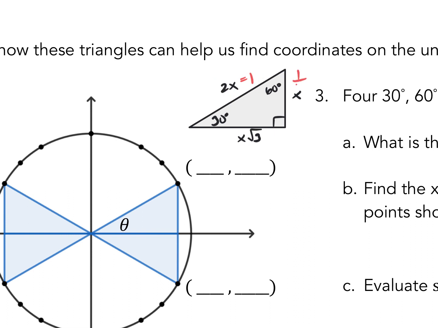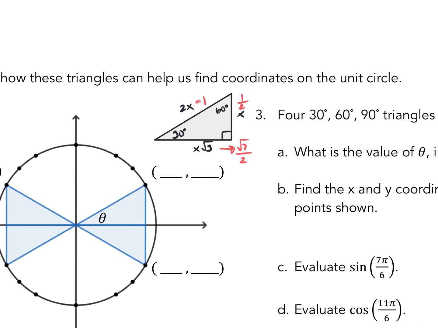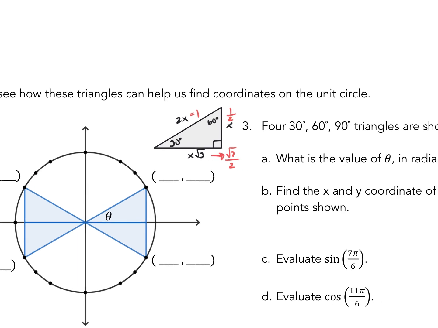So this would be 1/2. And then this long side would technically be 1/2 times the square root of 3, or the square root of 3 over 2. These numbers should look familiar. Didn't we just find those on the previous page, for cosine and sine? Exactly, we did.